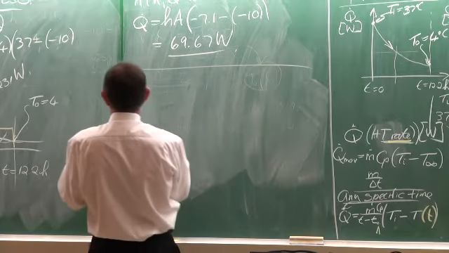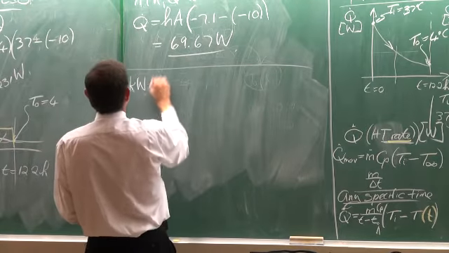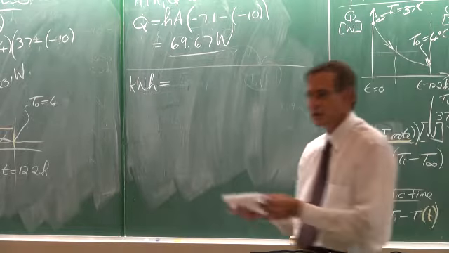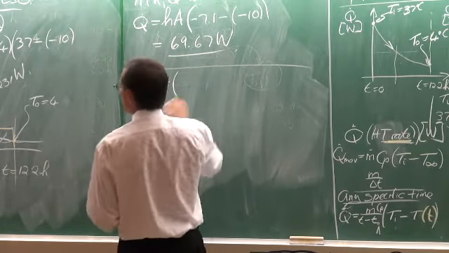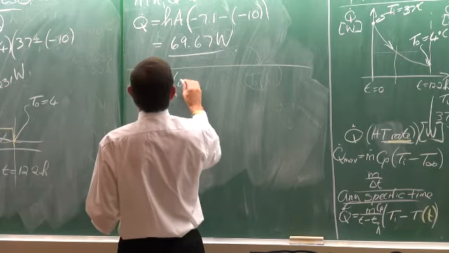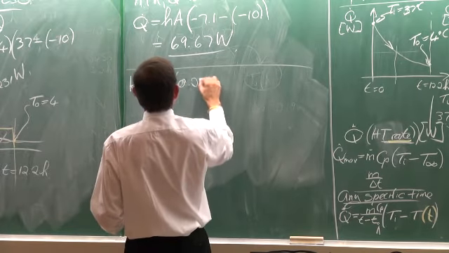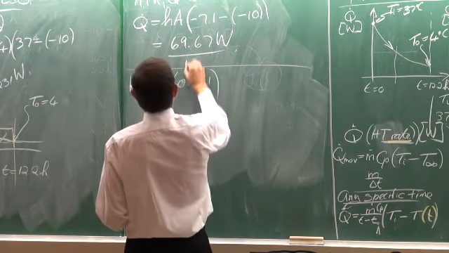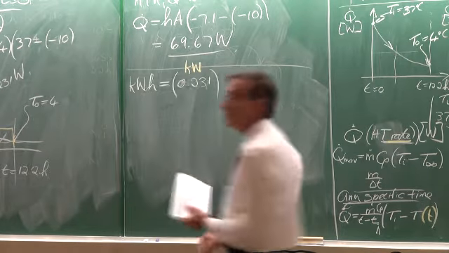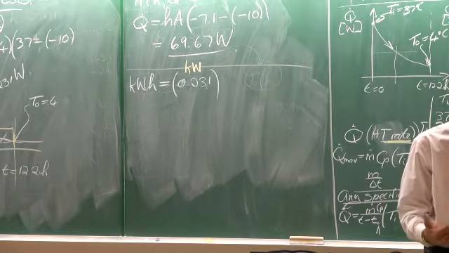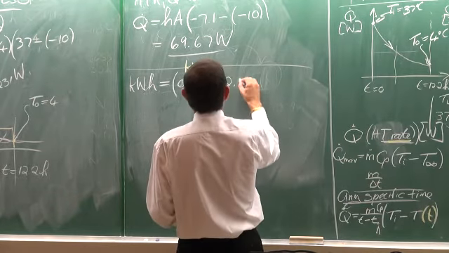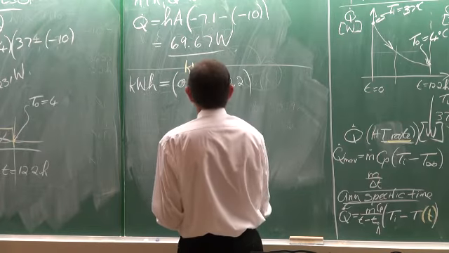Okay, the kilowatt hours of heat which is being removed is equal to this average of 0.231, which is in kilowatts, 0.231, multiplied by the time in hours, it's 12.2 hours.